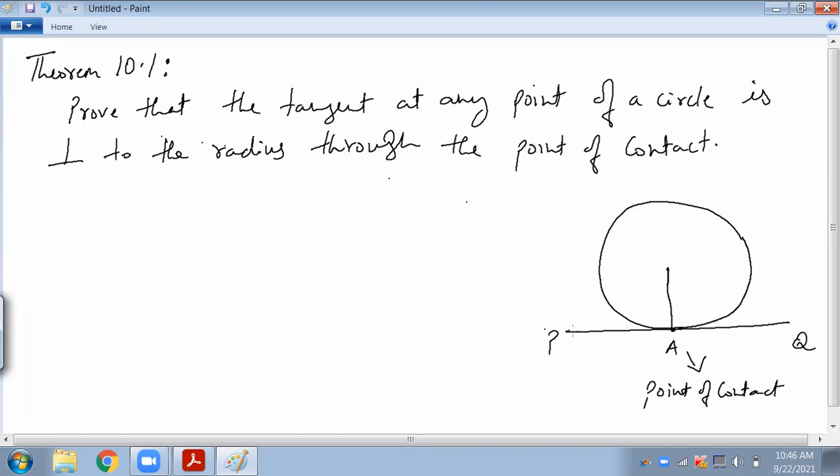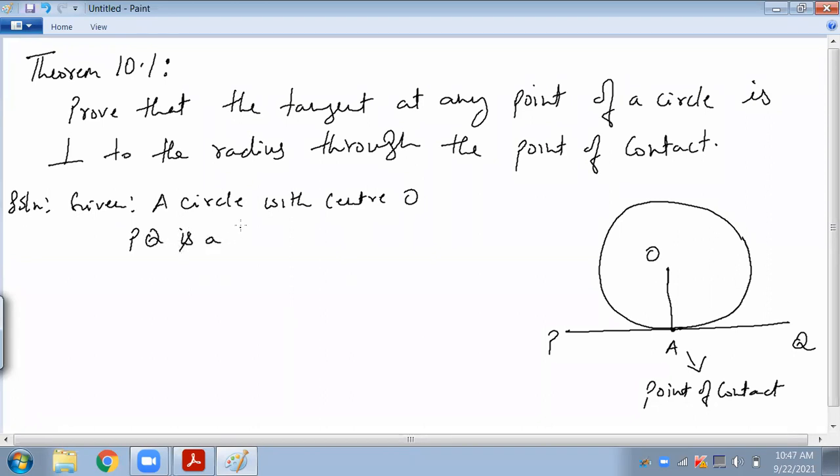So write this and draw the figure, and we'll write the given. We'll take a circle with center O, and PQ is a tangent at A. To prove what?